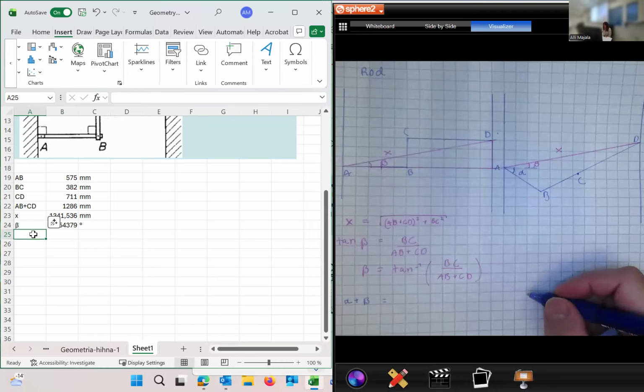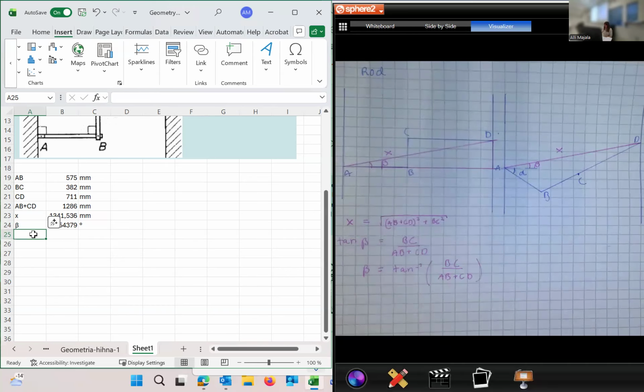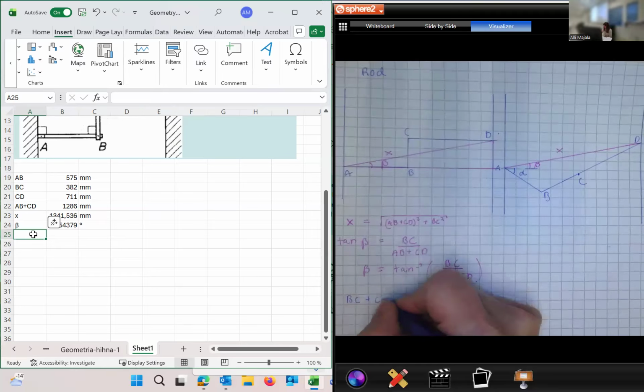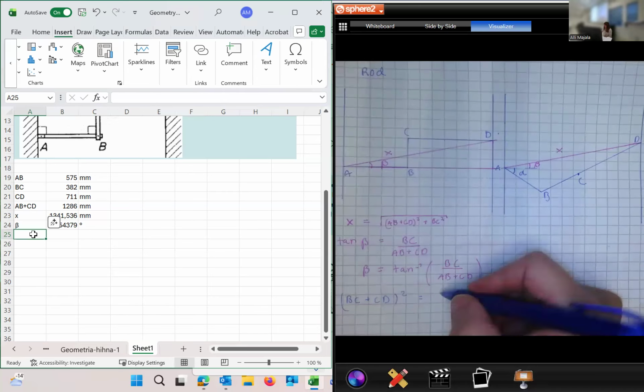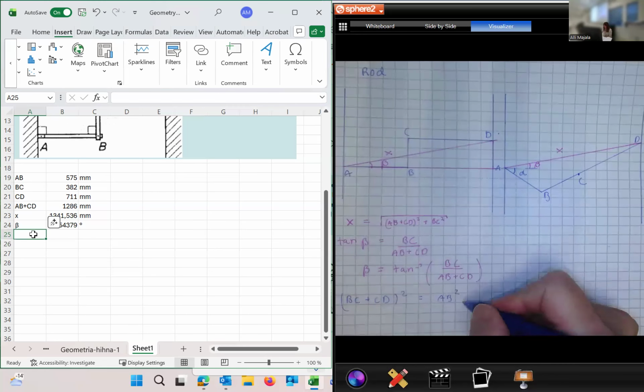So my cosine formula is, I'll write it first: the opposite side, which here is BC plus CD, squared, is AB squared plus this X squared, minus 2 AB X cosine, and this would be the alpha plus beta.